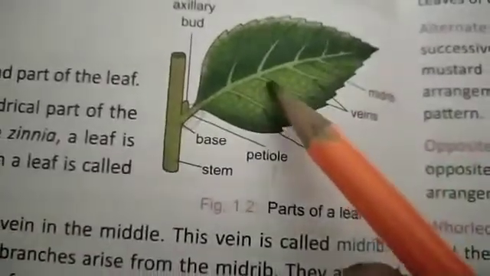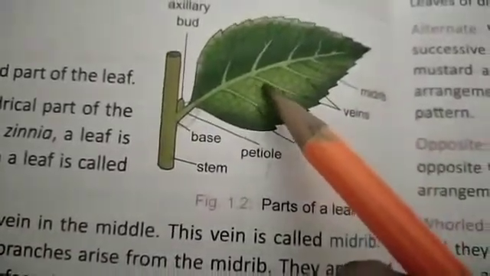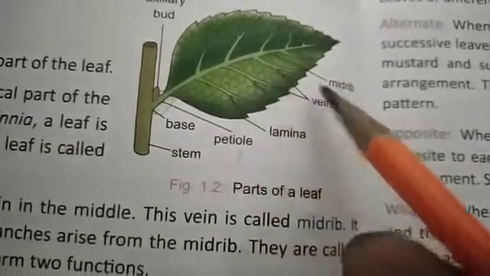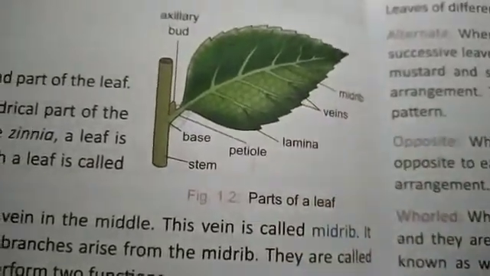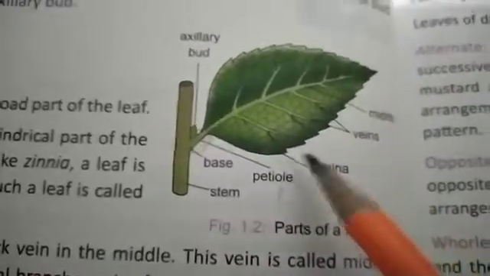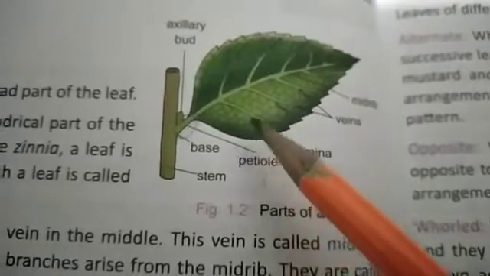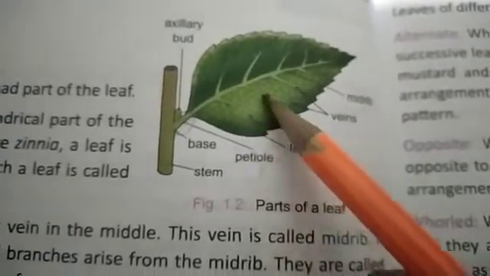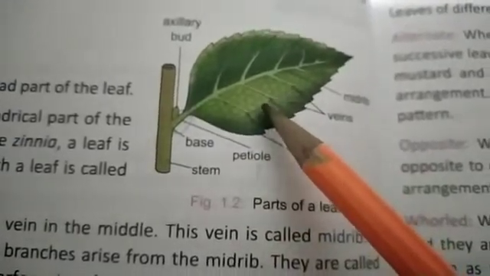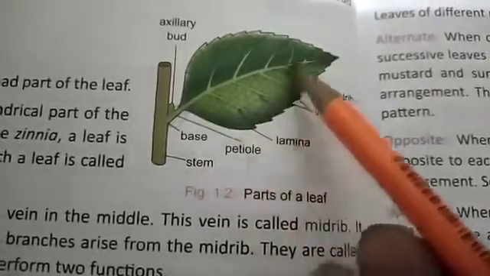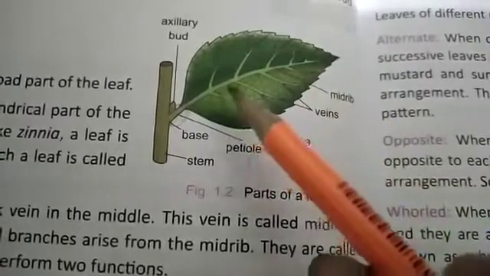These veins are further divided into small veins, and very small veins are simply called veinlets. And what is the function of the veins? Already I have stated that they transport food and water. From these veins, transport of food and water takes place, and they also provide support.